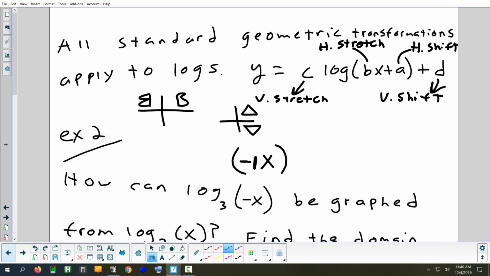Horizontal shift, horizontal stretch, vertical shift. If you have a reflection, just do it when you would do B and C. It doesn't matter if you do the stretch or the reflection, or switch that. Stretch, reflection, reflection, stretch. That's the same. But everything else, you have to follow that order.